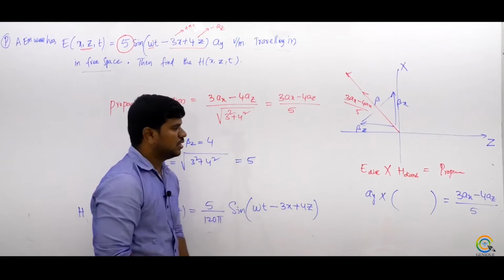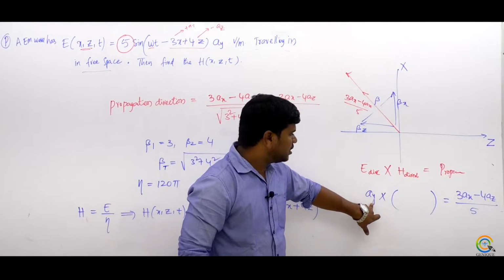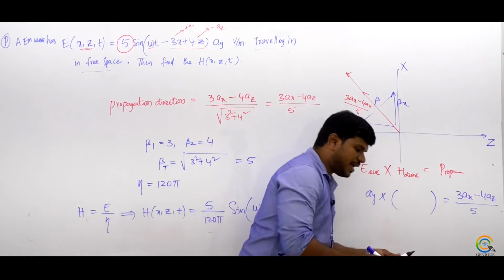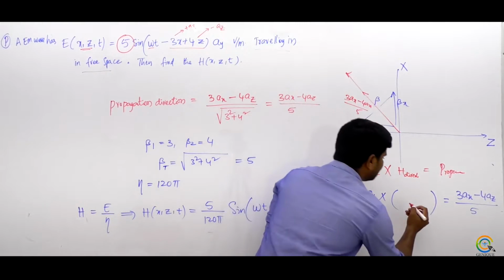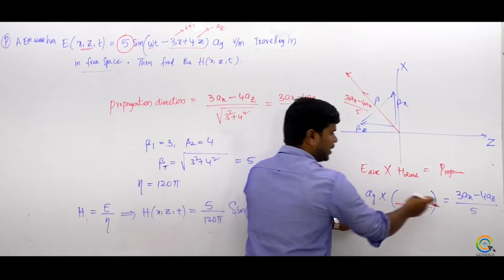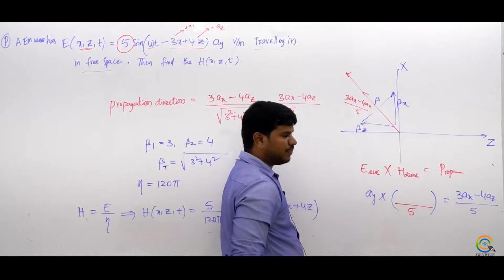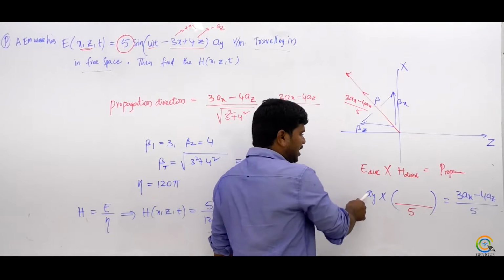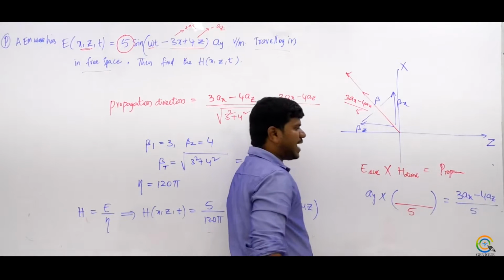Observe the approach. So ay cross this thing is equal to this thing. To get this 5, I am rearranging this. Here I have to get 1 by 5, so I write 1 by 5. To get ax, ay cross something must equal ax.